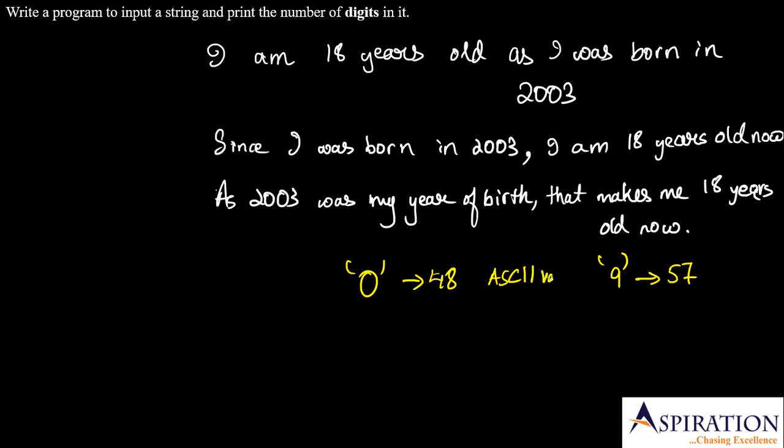ठीक है, ASCII values. So if a character variable has a character of 1, then ये character का जो भी ASCII value होगा, it will lie between 48 and 57. So that is where we can relate it.